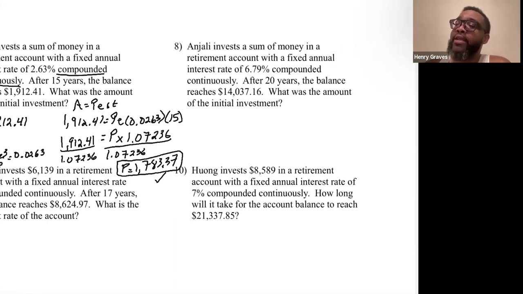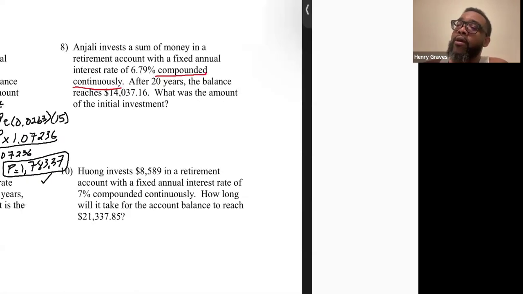Okay, the same thing again. It's compounded continuously. So because of that, I know that I'm going to use this formula: P e to the rt is equal to A. So I already have my A. What's my account balance? 14,037.16.